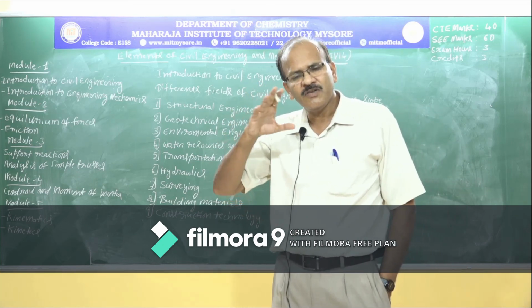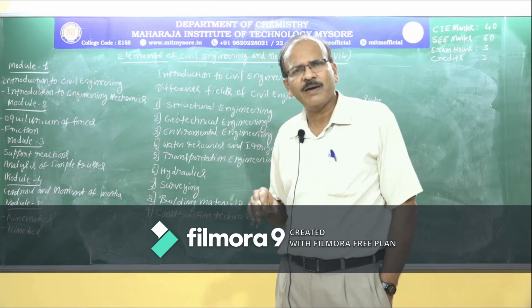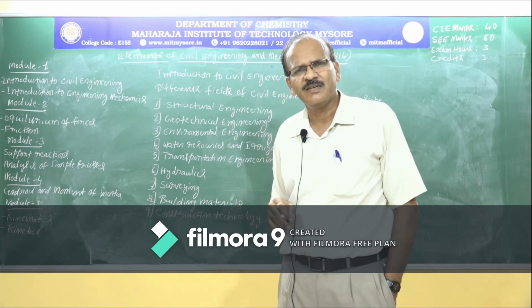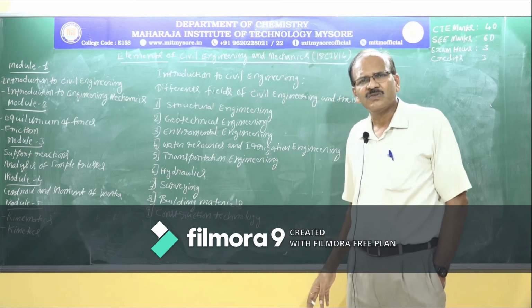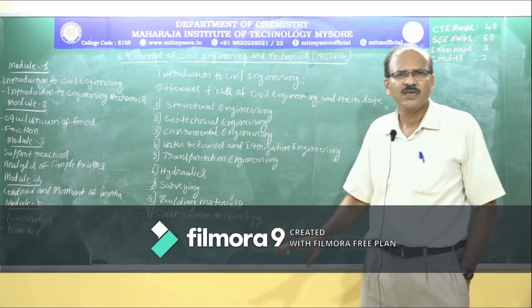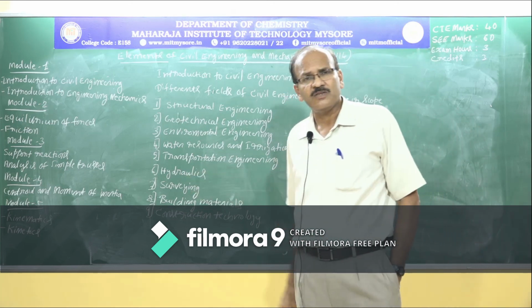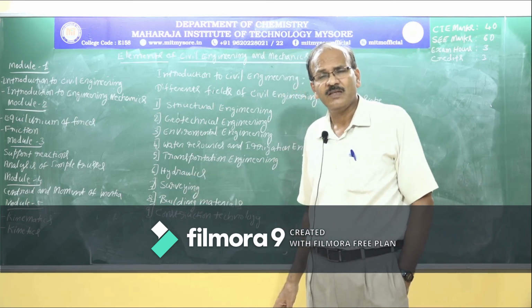Afterwards, we start executing the work after doing all those plannings. Different plannings are done, and we cover that under construction technology. This construction technology also deals with the materials as well.